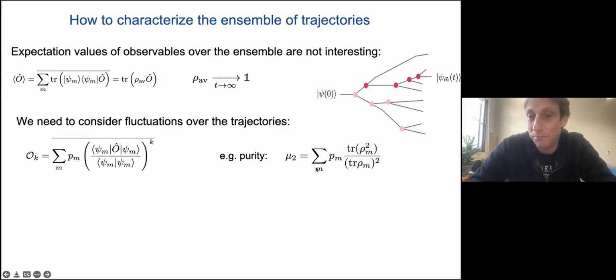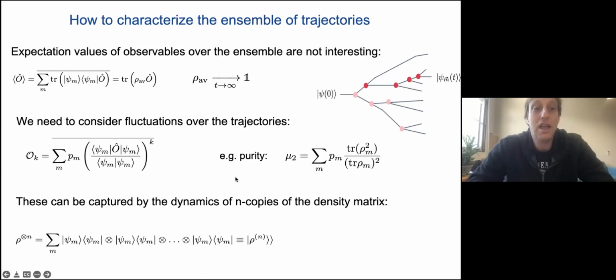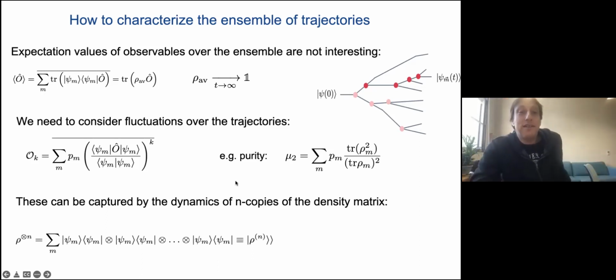And here you see I'm averaging over all the measurement outcomes, and rho_m is the unnormalized projected state. So I need the denominator in order to normalize. Now, all these higher moments can be captured in a simple way.